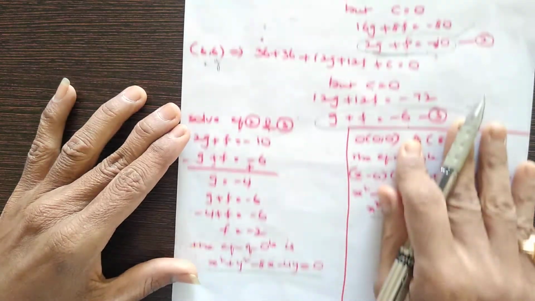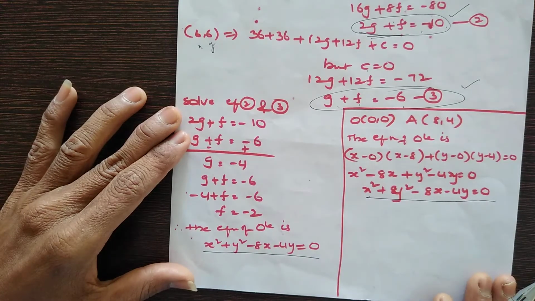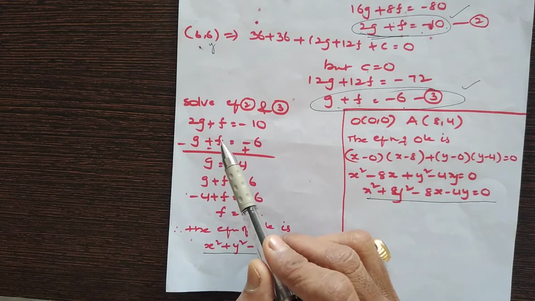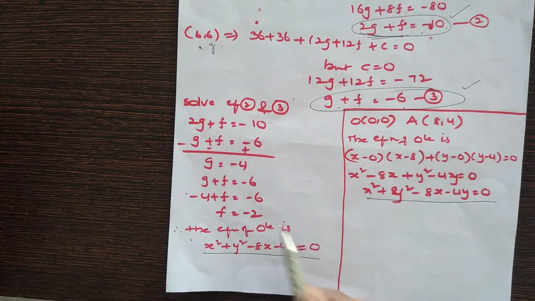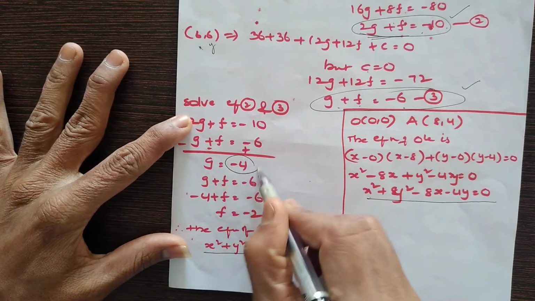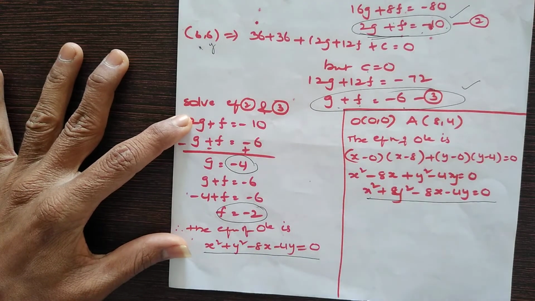If you solve these two equations, you will get the g value and f value: g is -4 and f is -2.